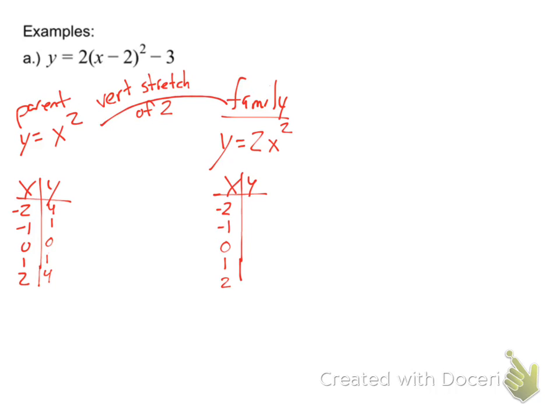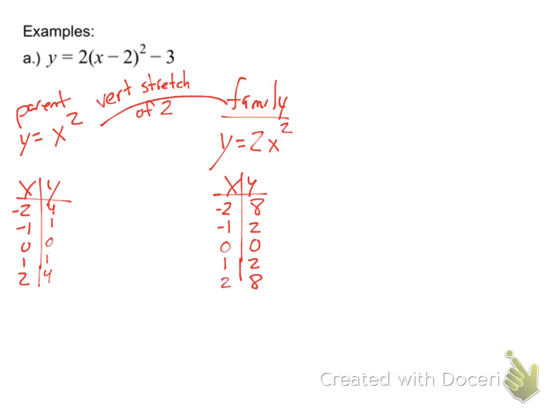And according to the last page, all I need to do is take that 2 and multiply it to your y values to get your new ones. So, 4 times 2, 1 times 2, 0 times 2. So it's 8, 2, 0, 2, 8.